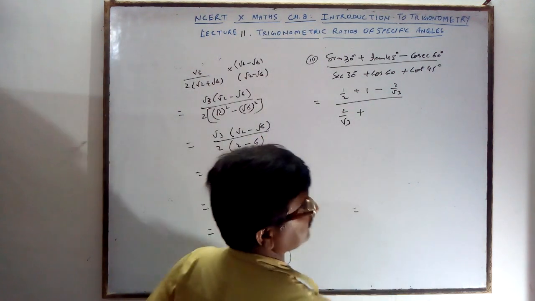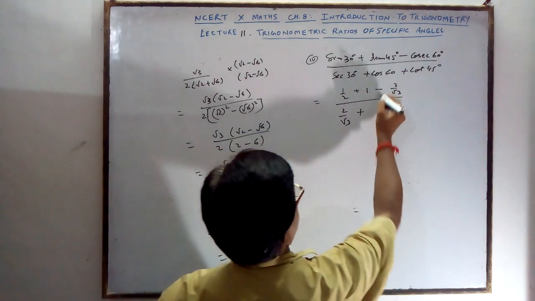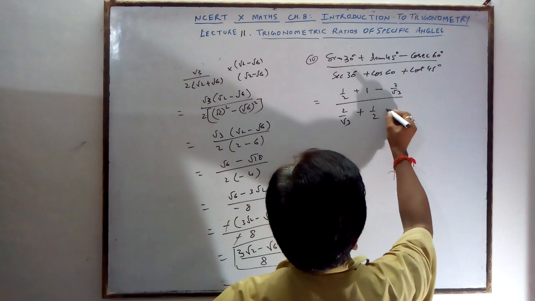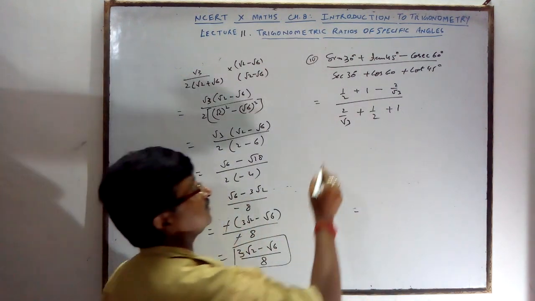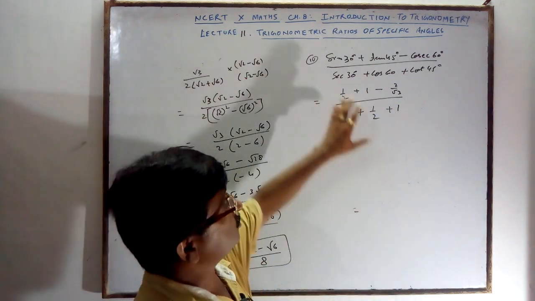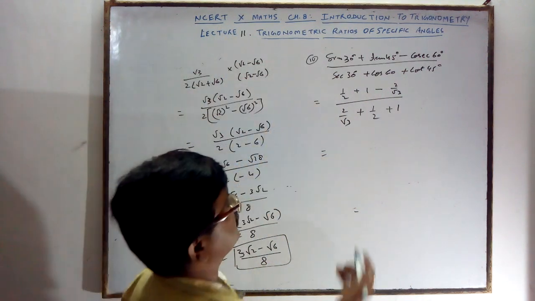Plus cos 60. What is the cos 60? Cos 60 is 1 by 2 and cot 45 is 1. Now I am telling you these tables, but you will get them from the table. You draw a table, place them, and then learn it.